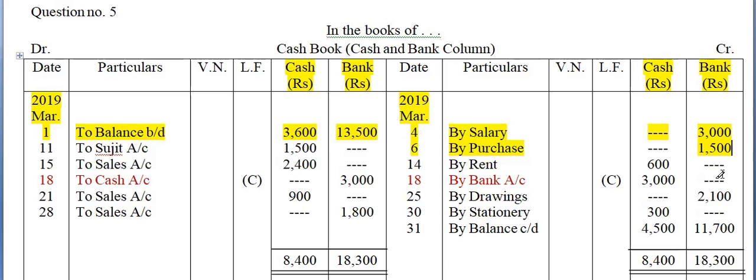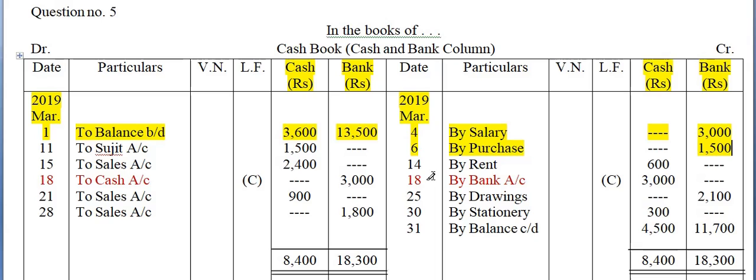Bank is being decreased because money from the bank is being reduced. Whenever you make any payment through cheque, your bank balance will reduce. So always remember that in the case of cash book, the debit side is the plus side and the credit side is the negative side or the minus side.